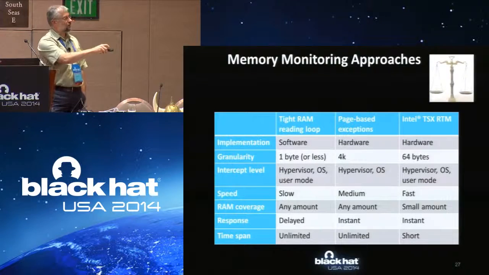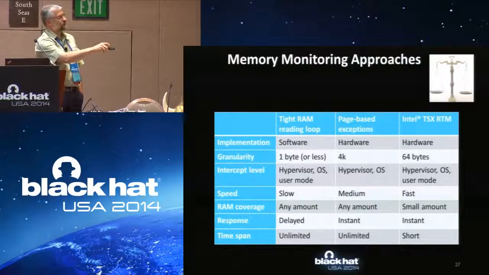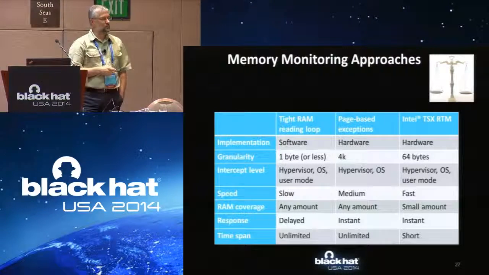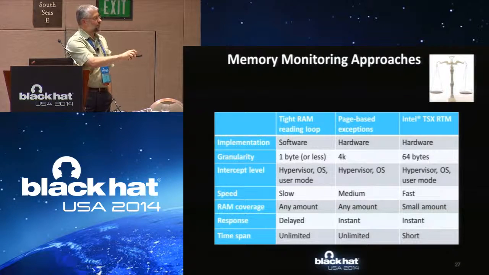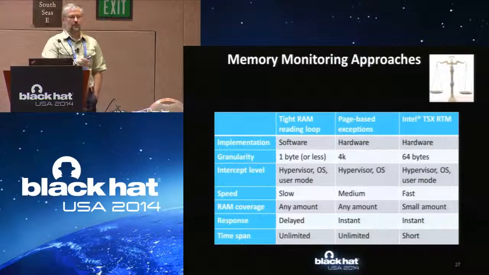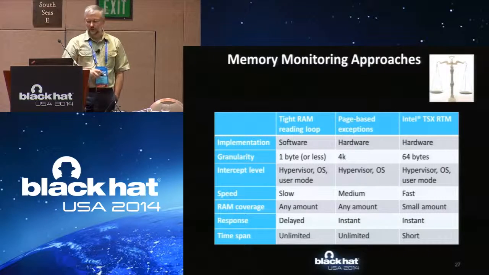The granularity of tight loop is very good. You can get down to 1 byte or even check bits in it. Page tables are pretty bad with 4 kilobytes granularity. Transactional support gives you 64 bytes, which is sort of something in the middle, and that is much better than 4 kilobytes.